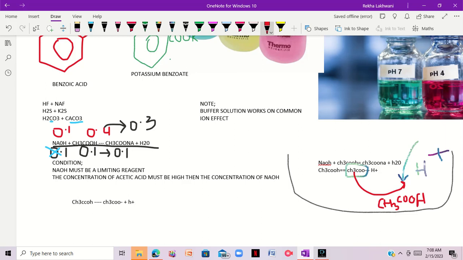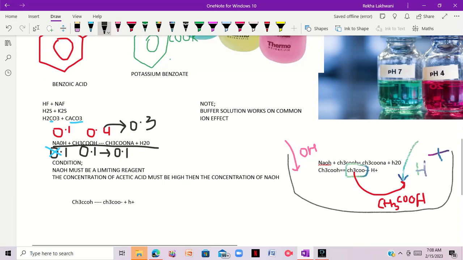Now let's add OH into this. What will happen when we add OH into this? This OH will basically combine with H positive ions, which were produced when acetic acid dissolved, right?